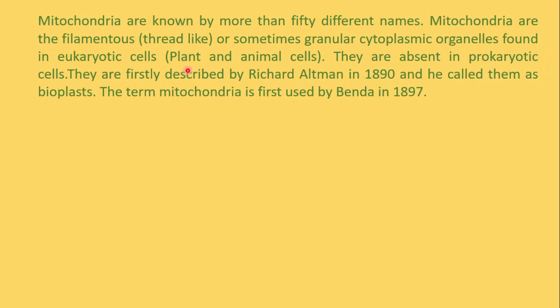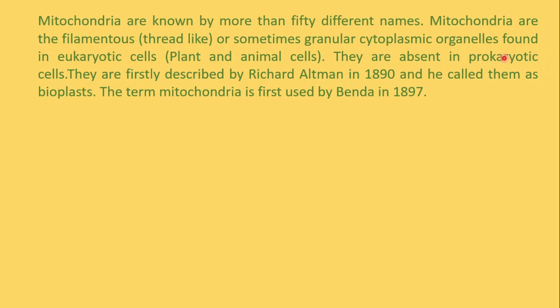They are filamentous, thread-like or sometimes granular cytoplasmic organelles which are found in eukaryotic cells. So we know mitochondria are only restricted to the eukaryotic cell. They cannot be seen in prokaryotic cells, and they can be seen in both plant as well as animal cells.